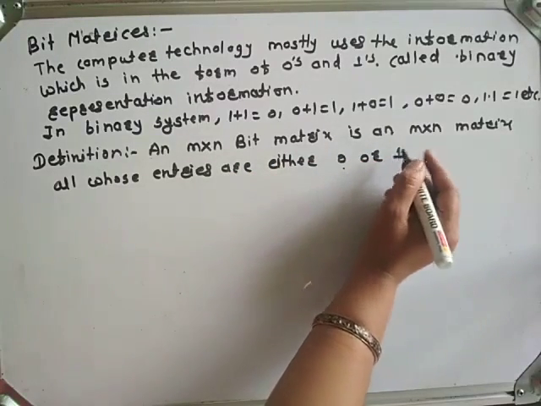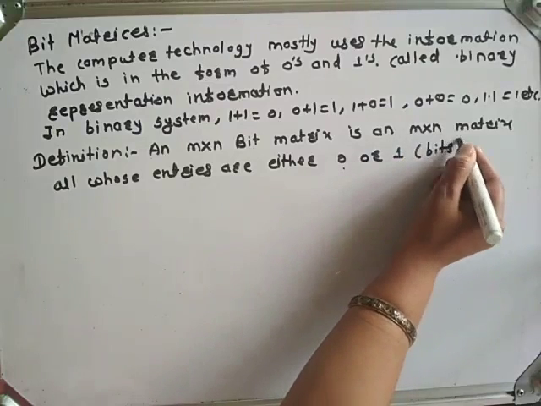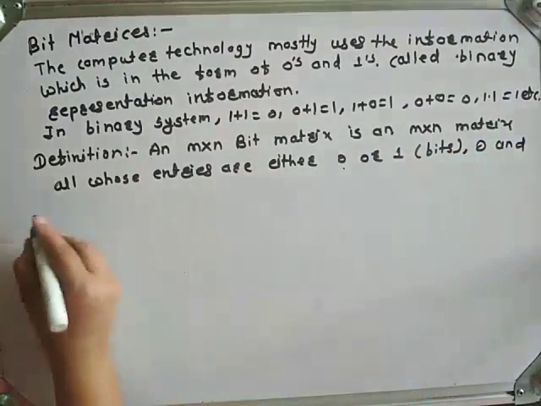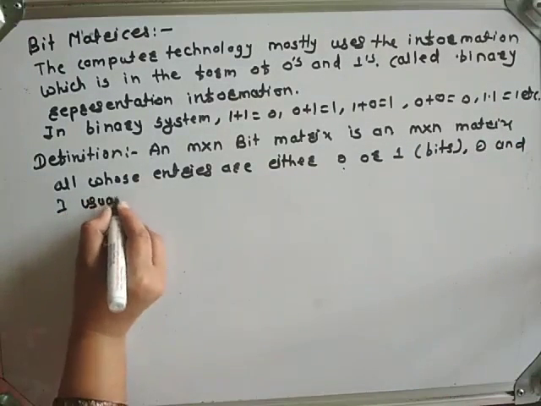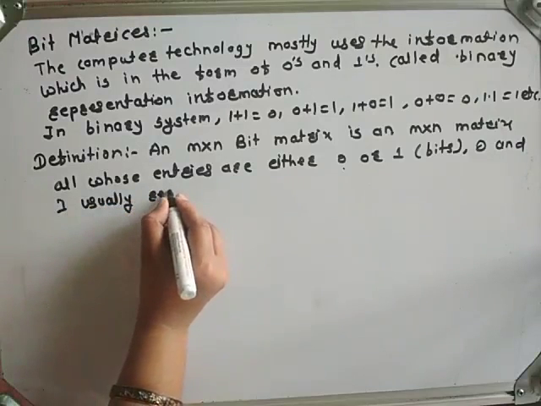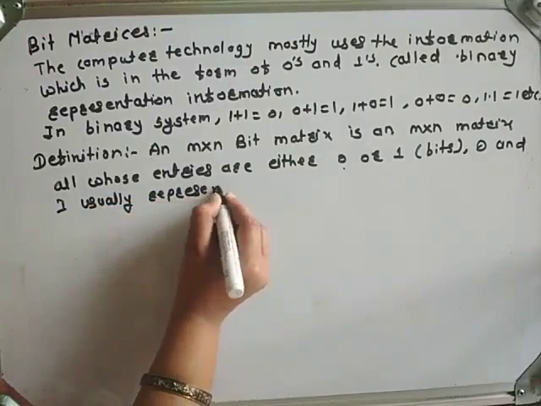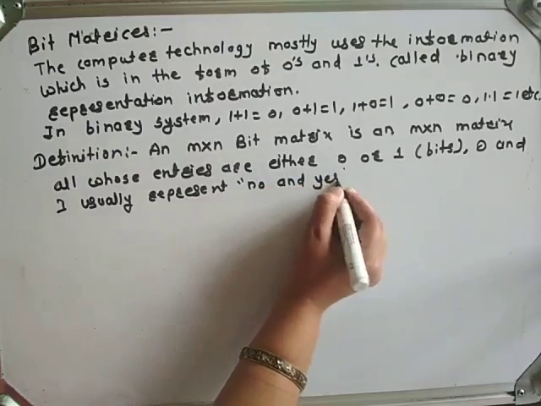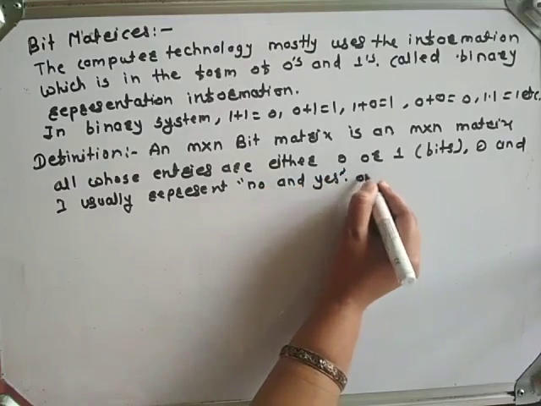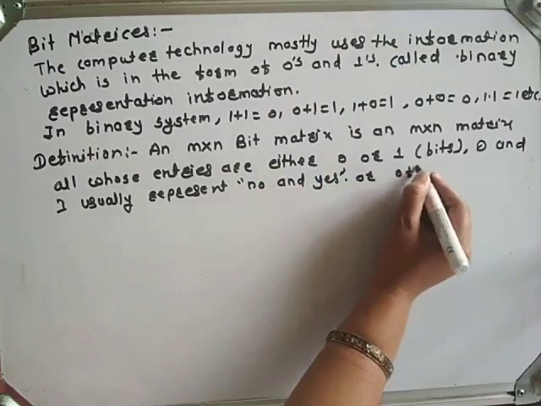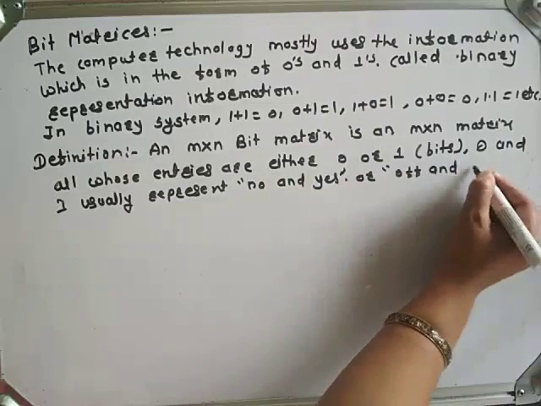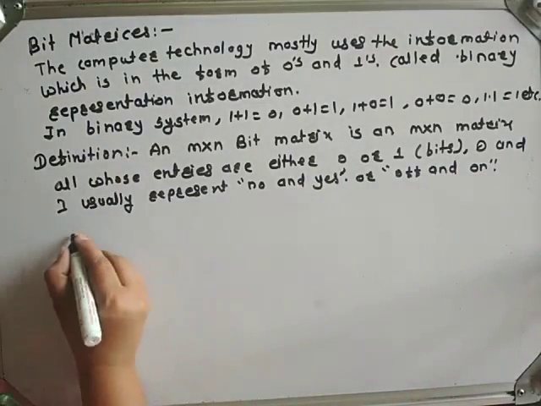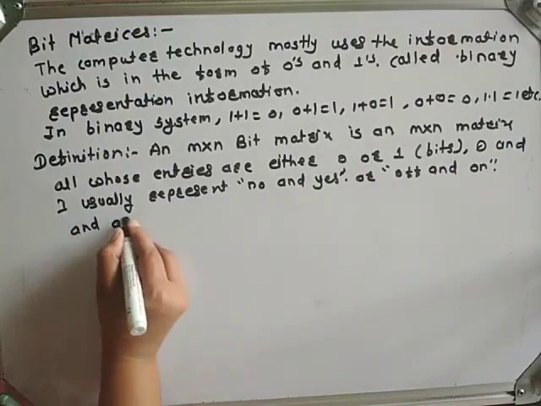These numbers 0 and 1 are called bits. 0 and 1 usually represent no and yes, or off and on, and are called bits.